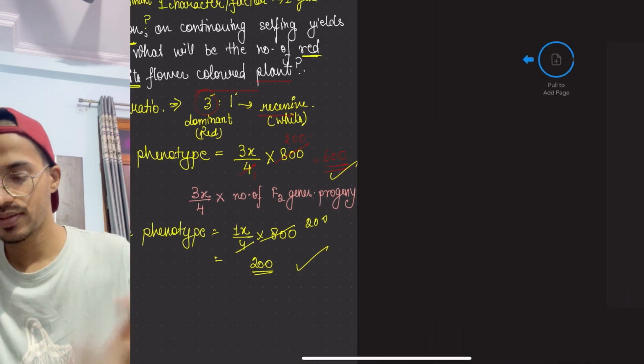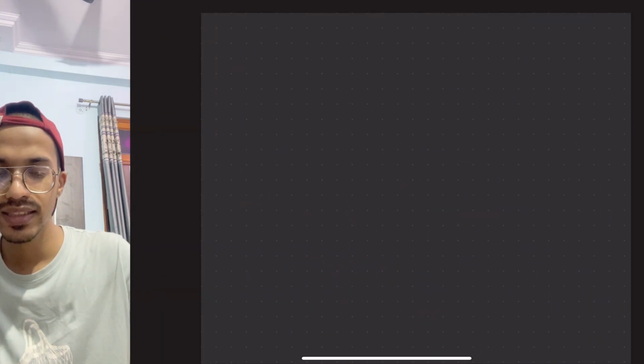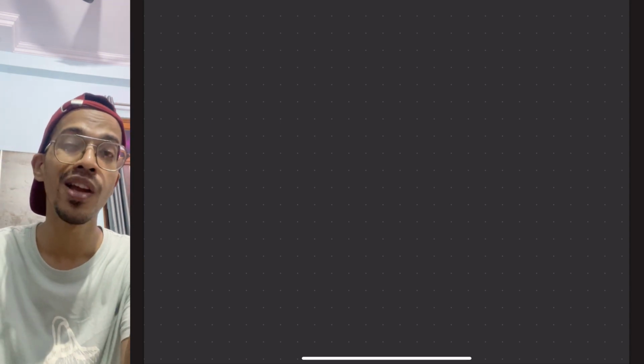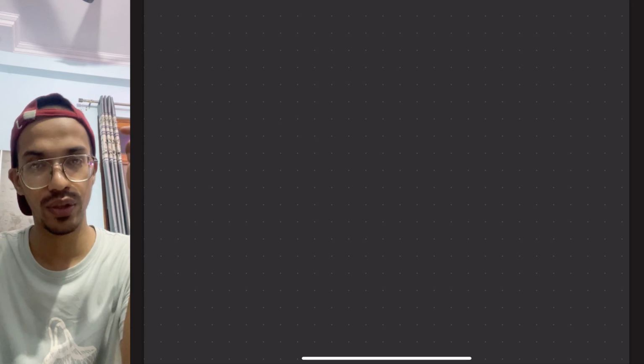Moving on to the next thing, the next type of experiment that he did. In the next experiment he took two different contrasting characters, two different factors, and tried to see what happens. That is a two gene inheritance.